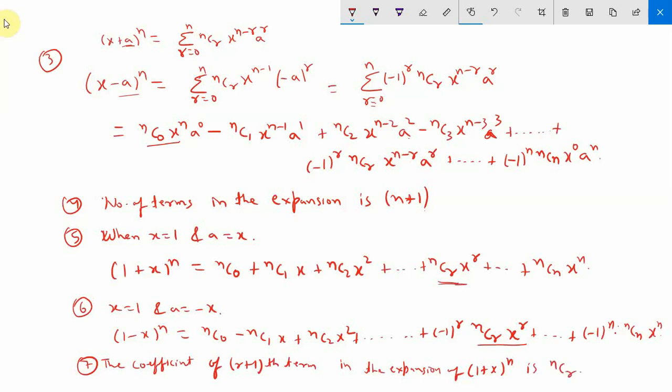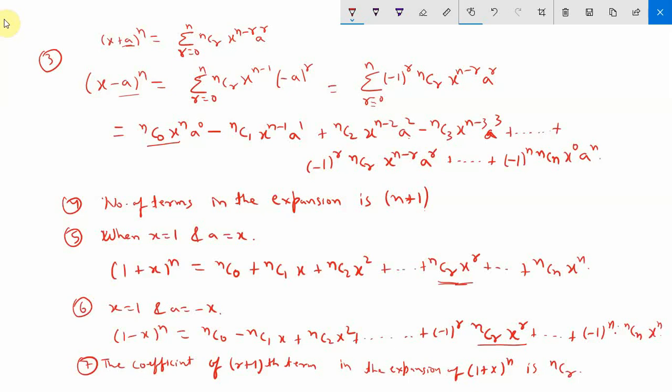We can see it from here. Okay. So these are a few conclusions which we can draw from the binomial expansion or binomial theorem.